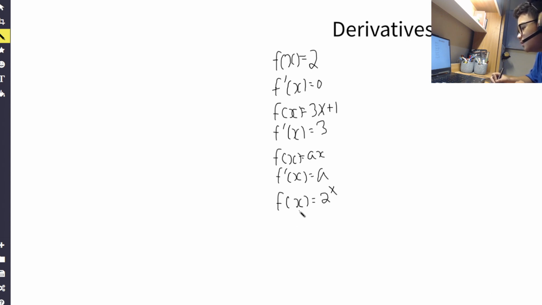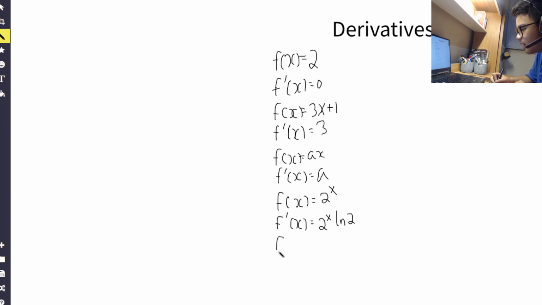If we want to find the derivative, f prime of x is equal to 2 to the x ln 2, the natural log of 2.